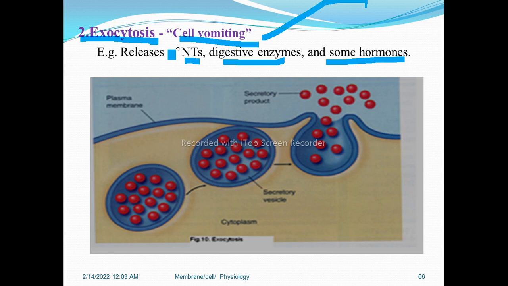This process is common when the cell produces a substance for export. When cells produce, for instance, protein or any substance, and want to remove it from inside the cell to outside, they use exocytosis.